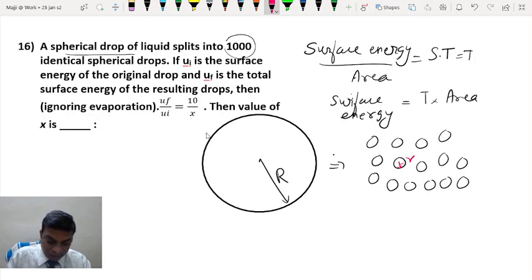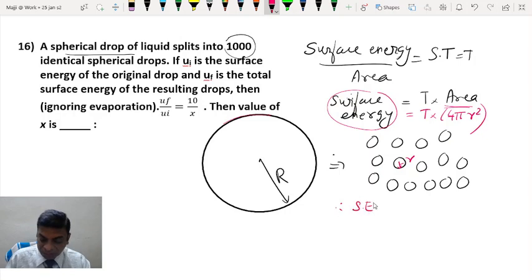So basically, the ratio of surface energy will be equal to the ratio of the surface areas, and surface areas are proportional to r square, because surface area of a sphere is 4 pi r square. So surface energy is basically proportional to the square of the radius.